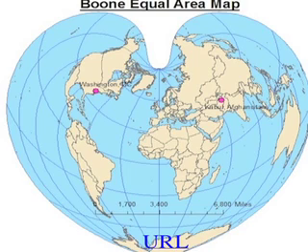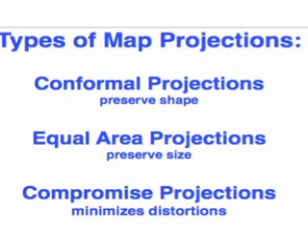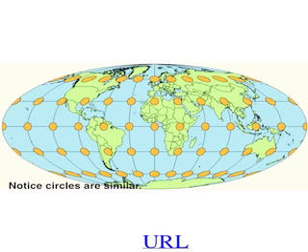And then finally, we have these maps that are neither conformal nor equal area that have been produced by cartographers over time that show approximately correct shape and approximately correct size. And there's several of these, and there's also a lot of controversy over which one is the best, but for most map users, that is an academic discussion that doesn't involve them very much.